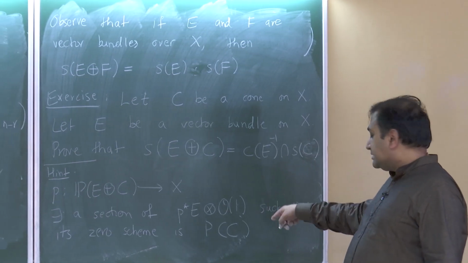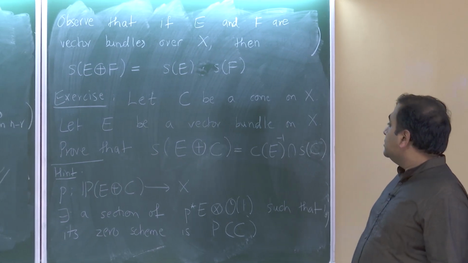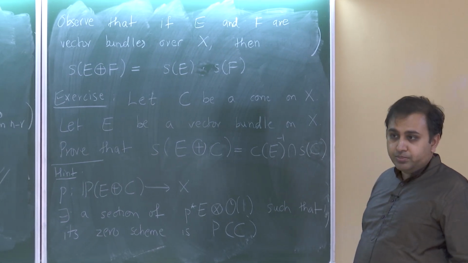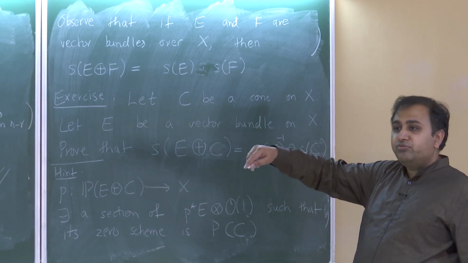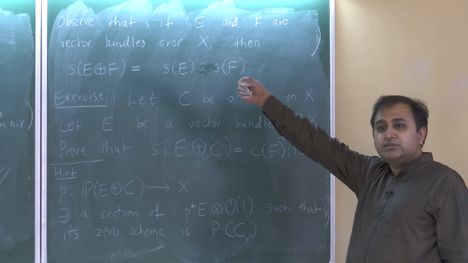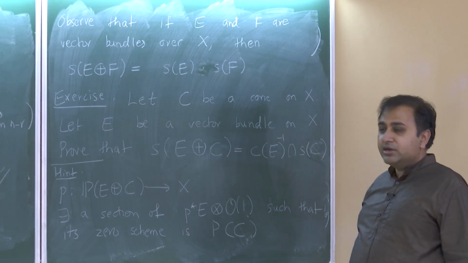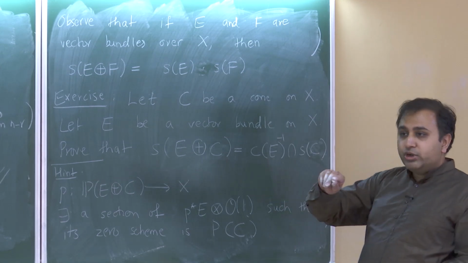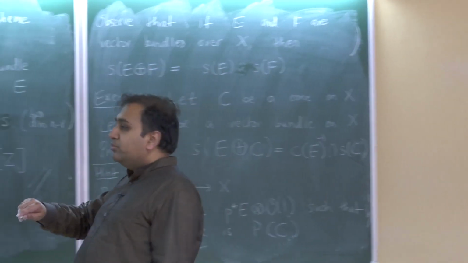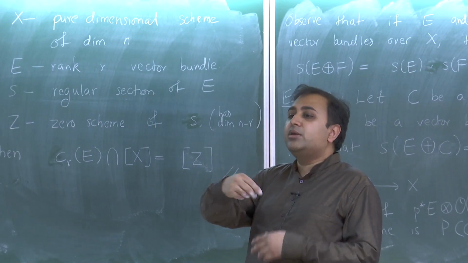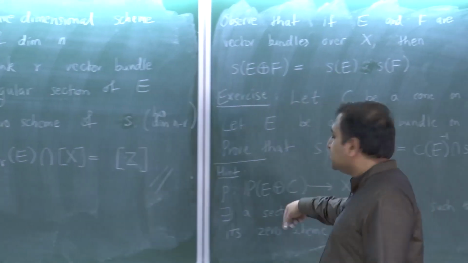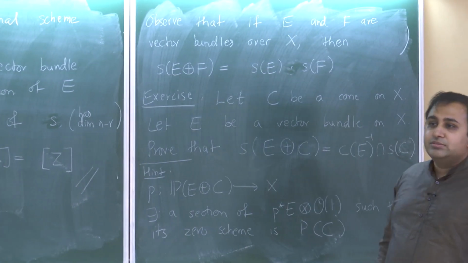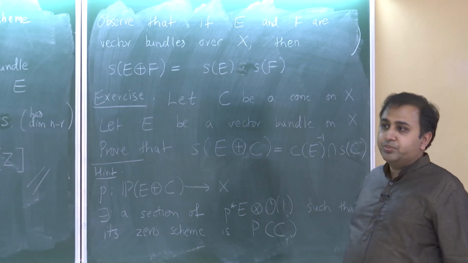Now if I take E to be the trivial line bundle, then this is something we have already done. We saw that P of 1 plus C contains P C as the hyperplane at infinity. That's basic. So if you replace the trivial line bundle by an arbitrary line bundle, that's a slightly jazzed up version of that, and then this is a further jazzed up version. So I think this should be quite doable.